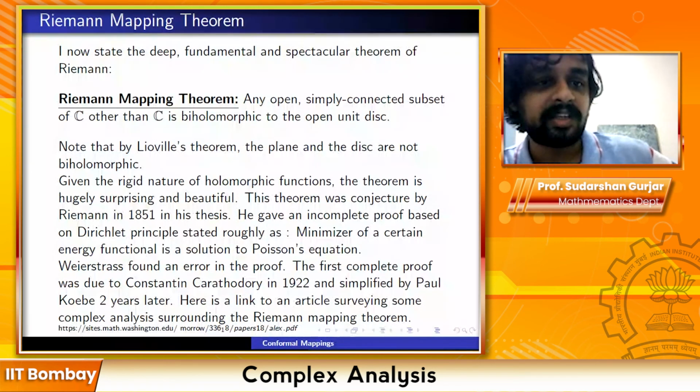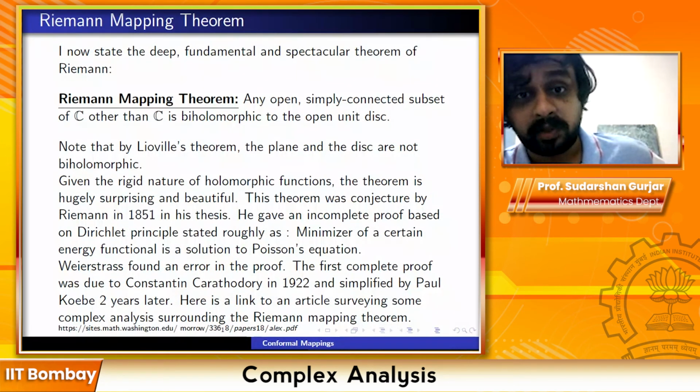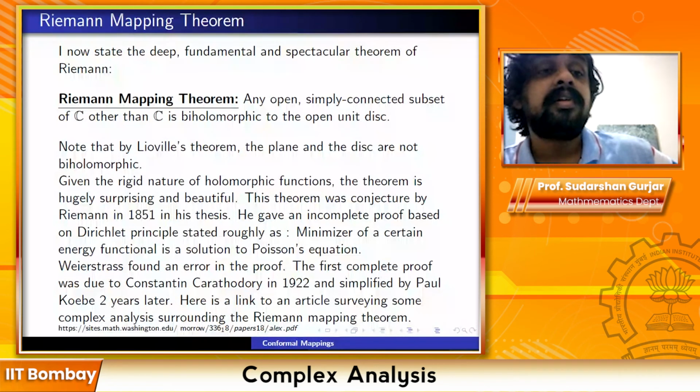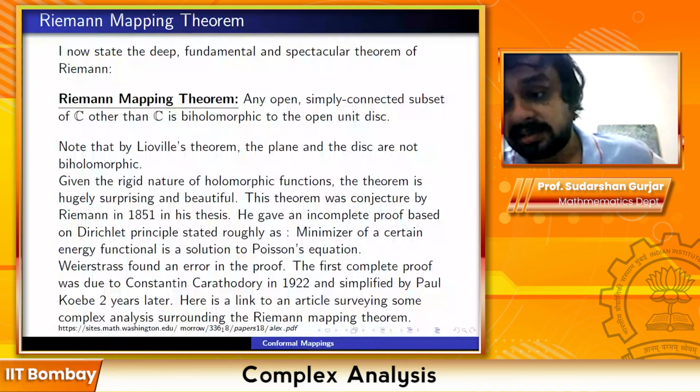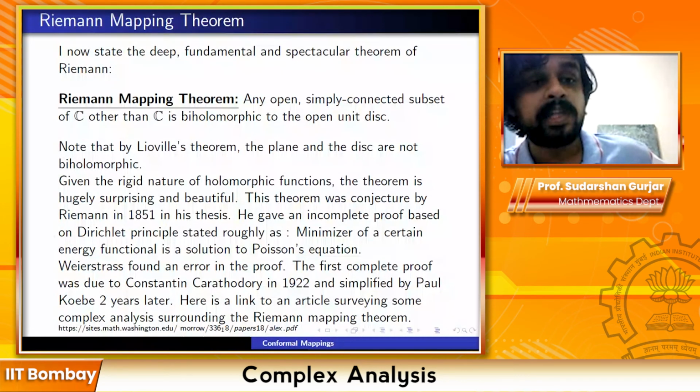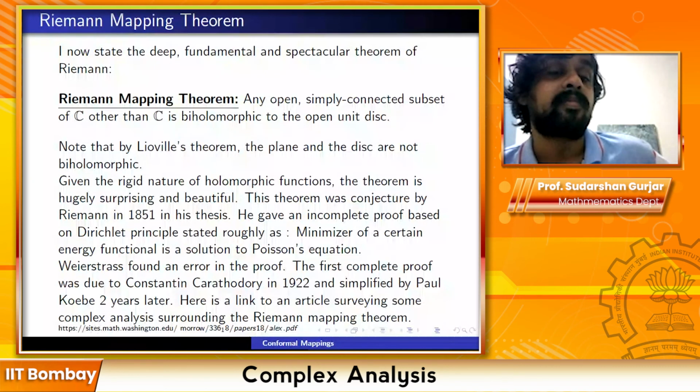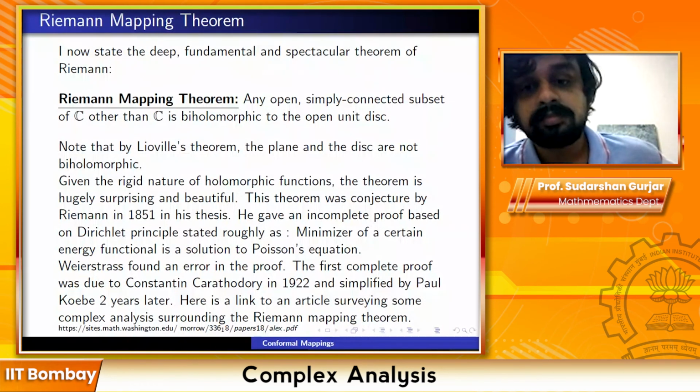Somehow it is only C that causes the trouble. After all, we just now saw that the upper half plane is biholomorphic to the disk. The upper half plane is also an unbounded domain. Yeah, exactly. But that is biholomorphic to the open unit disk. So somehow it's only the complex plane that creates a problem. Nothing else creates a problem. Okay, thank you, sir.